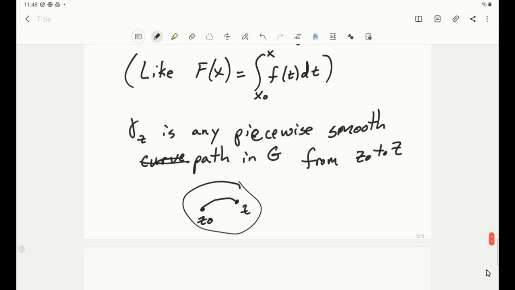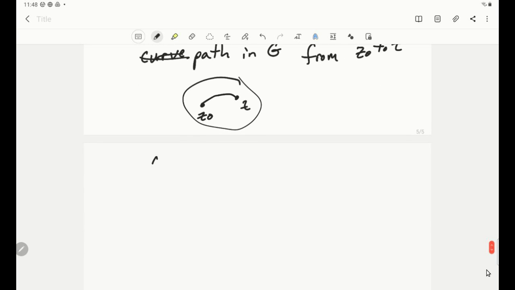Okay, so we need f to be continuous, so f of z is continuous.